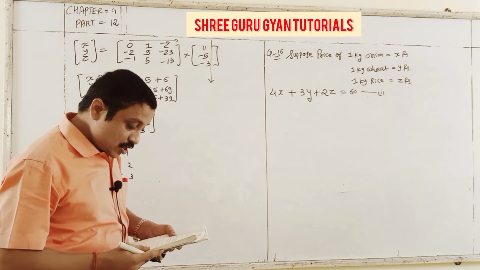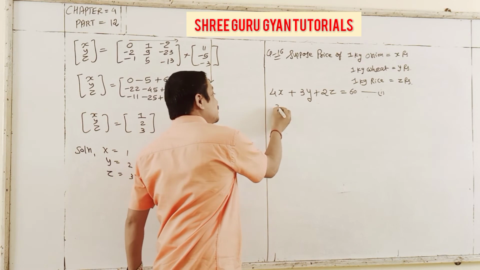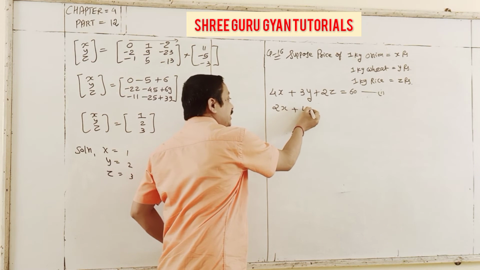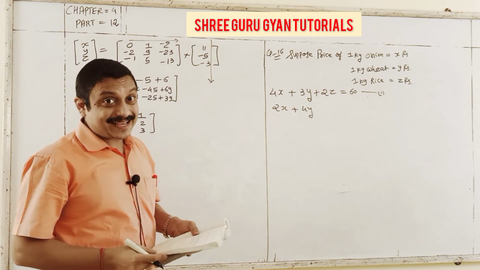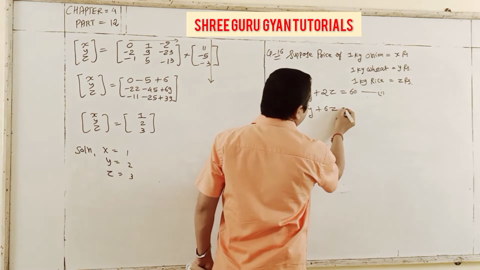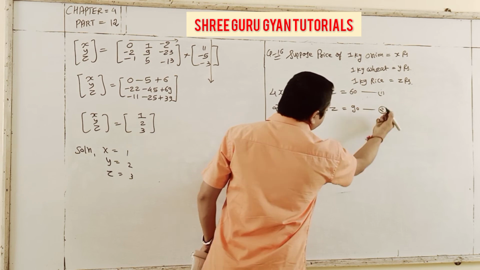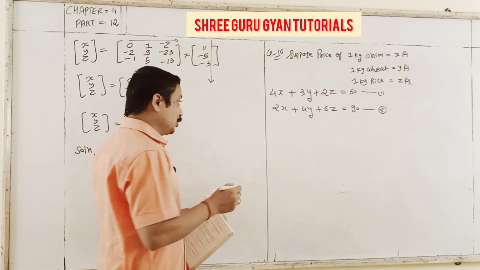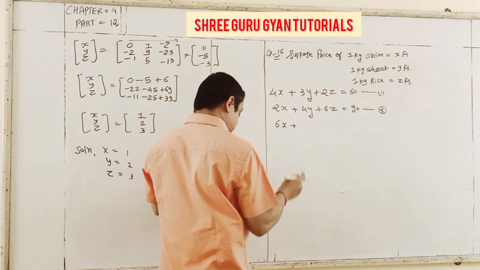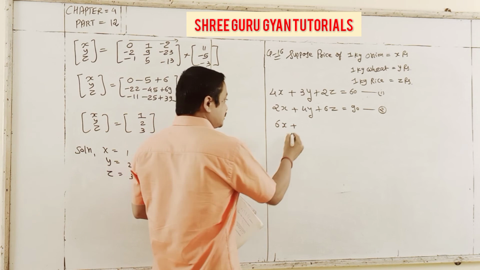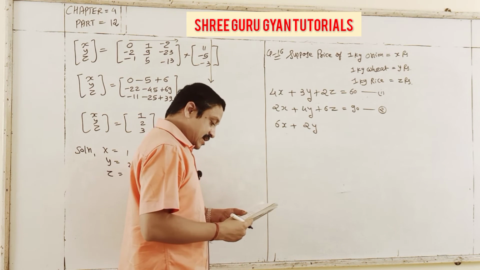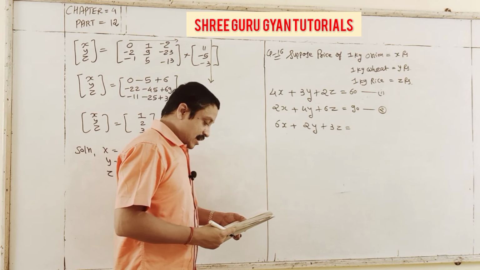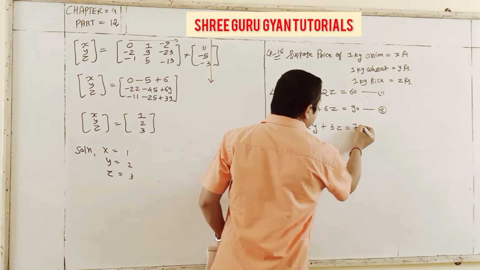Second line: 2 kg onion means 2x, 4 kg wheat means 4y, 6 kg rice means 6z, totaling 90 rupees. Now 6 kg onion means 6x, 2 kg wheat 2y and 3 kg rice 3z, and the total given is 70 rupees.